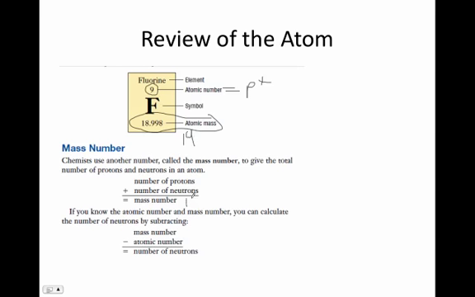Well, 19, which is the mass number, is the number of neutrons plus the number of protons. So if fluorine is 19 and its atomic number is 9, we subtract and get 10. What is 10? 10 is the number of neutrons in fluorine.